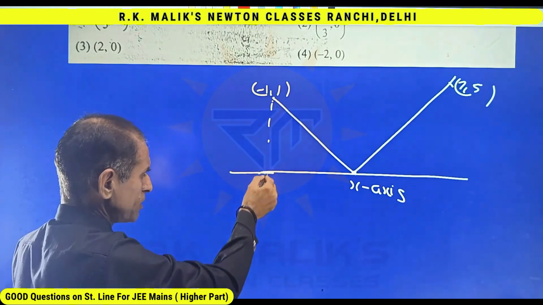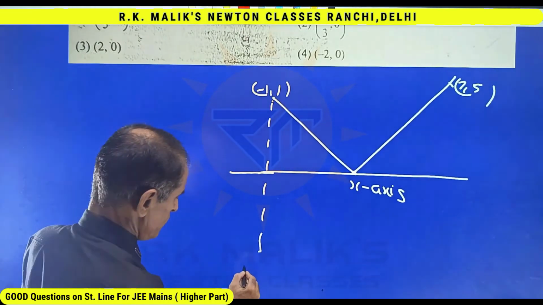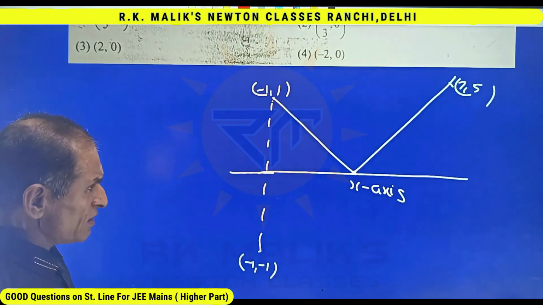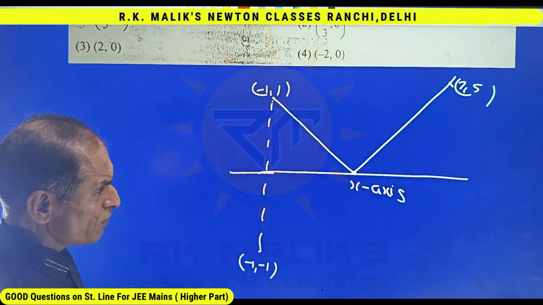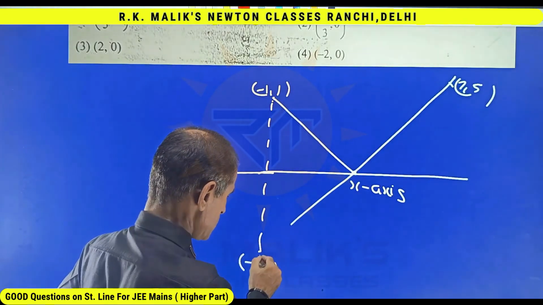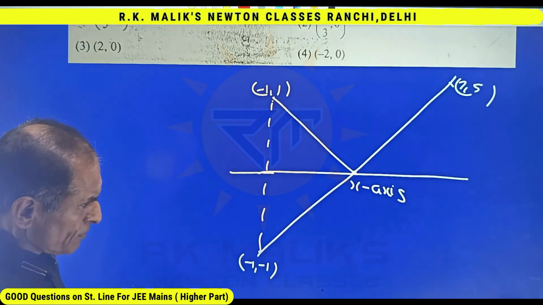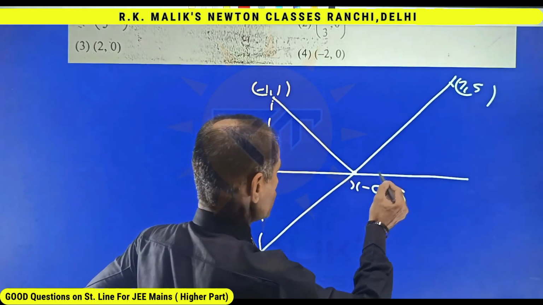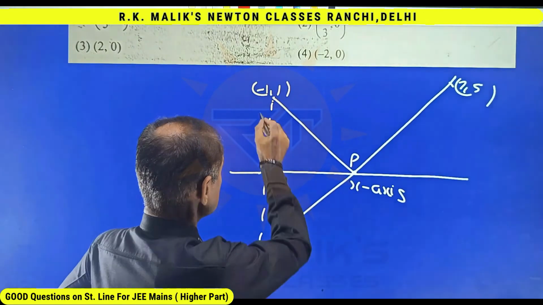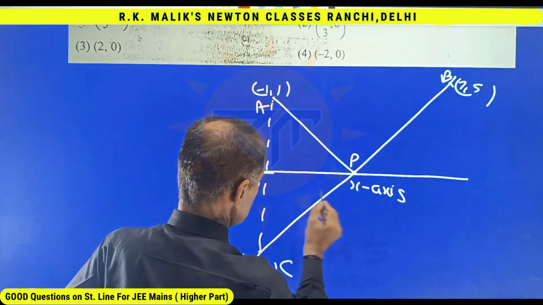That is, the mirror image in the x-axis will be minus 1, minus 1, and the reflected light will behave like it has come from the point minus 1, minus 1. And we have to find the x coordinate of the point P. Say this is A, this is B, this is C, D.